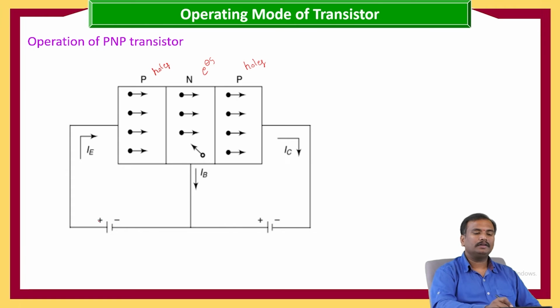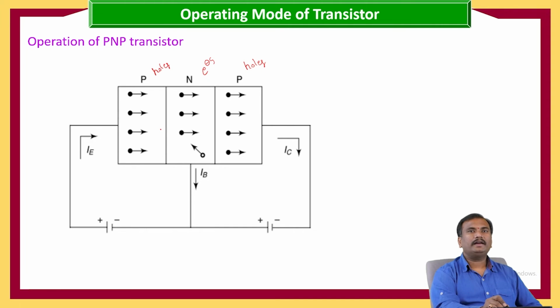So the emitter base junction should be forward biased. The emitter is connected to positive so that holes will be repelled from the p-type layer. The holes will start moving towards the junction, and the depletion layer between the p and n junction is going to be removed, and the conduction will take place from p to n type.